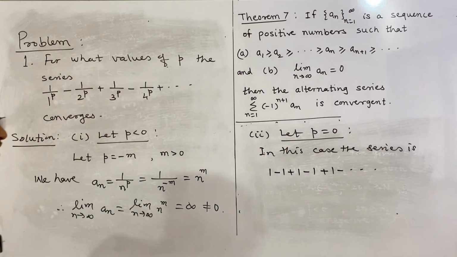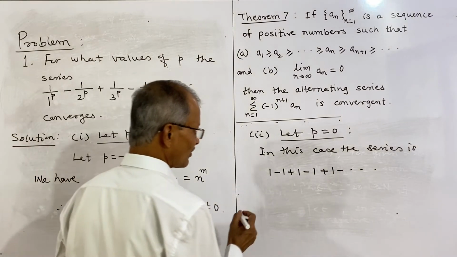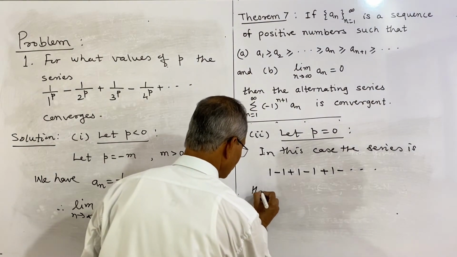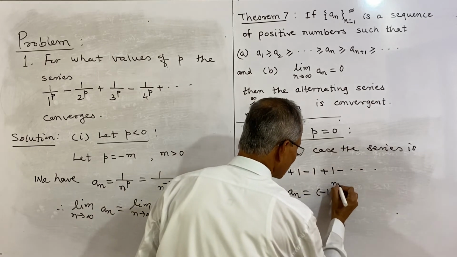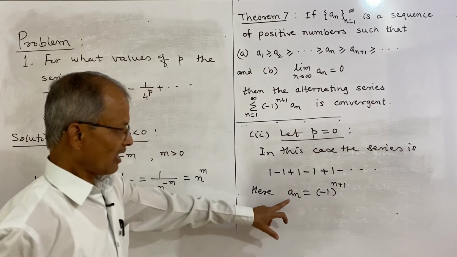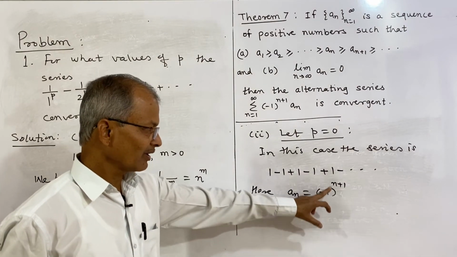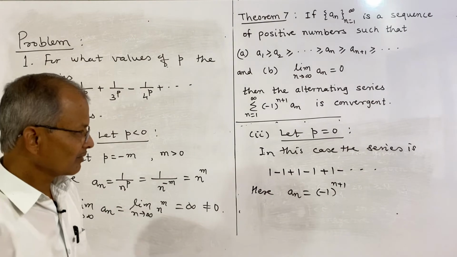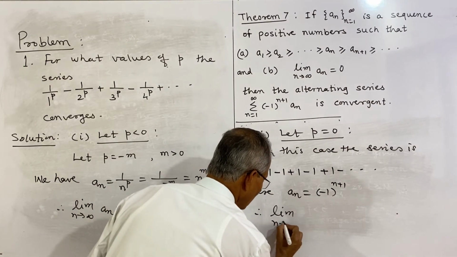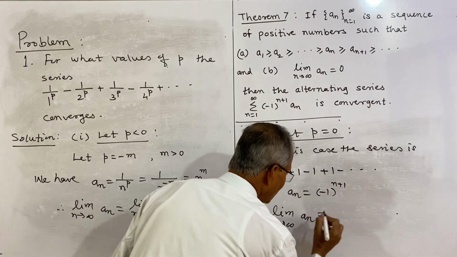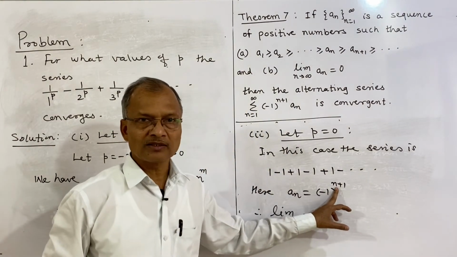And therefore what is the nth term? The nth term is either plus 1 or minus 1, and therefore here a_n is minus 1 to the power n plus 1. This is a_n. So the first term is positive, the second is negative, and therefore we have written minus 1 to the power n plus 1. And what about the limit of a_n? It depends on whether n is even or odd.